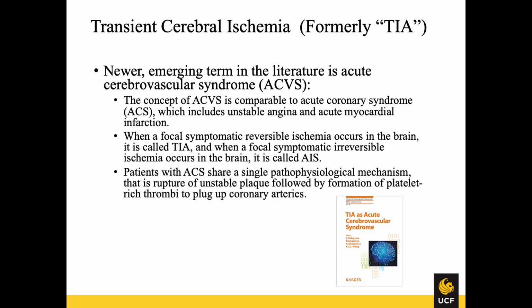And then ACS and ACVS share a single pathophysiological mechanism, that is rupture of unstable plaque followed by formation of platelet-rich thrombi which plug up the coronary arteries, and that's kind of the similarity it shares here, because that same pathophysiologic process that occurs in the coronary arteries resulting in MI is what's occurring in the brain, resulting in either a CVA or this new term of AIS, if you will.